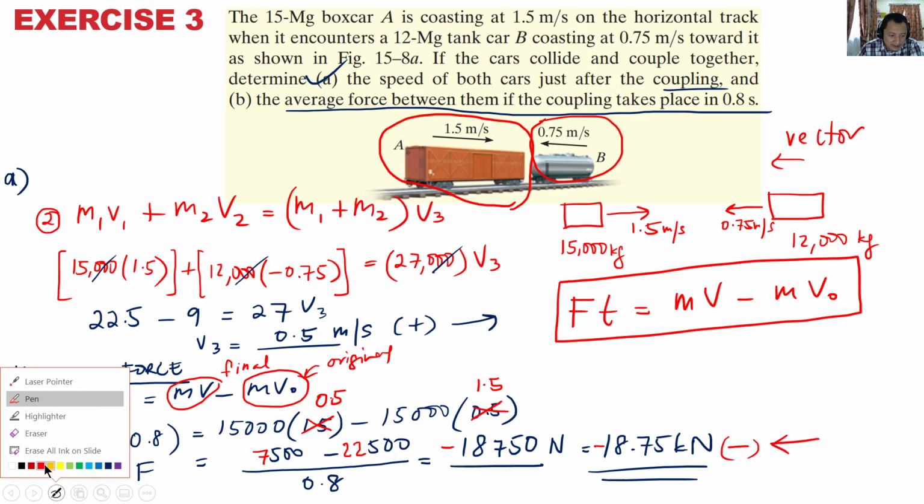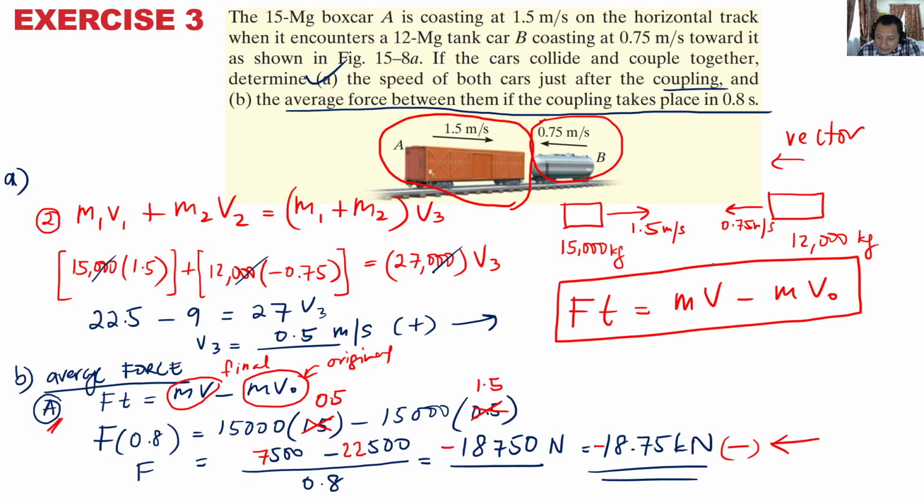What is important? This is the final and this is the original. The final velocity is not 0, it's 0.5. But let's say it becomes 0, just try it out.